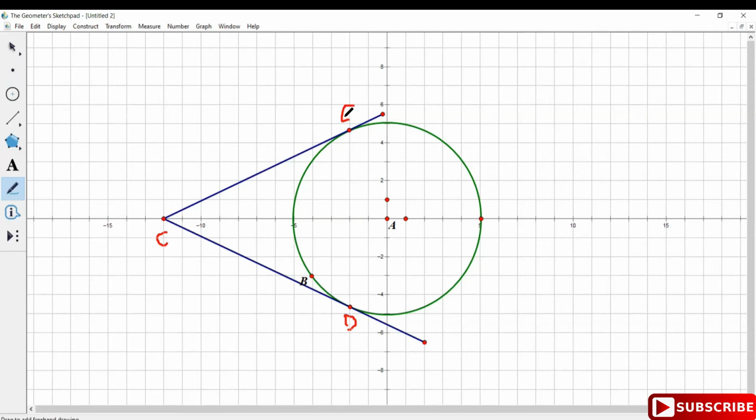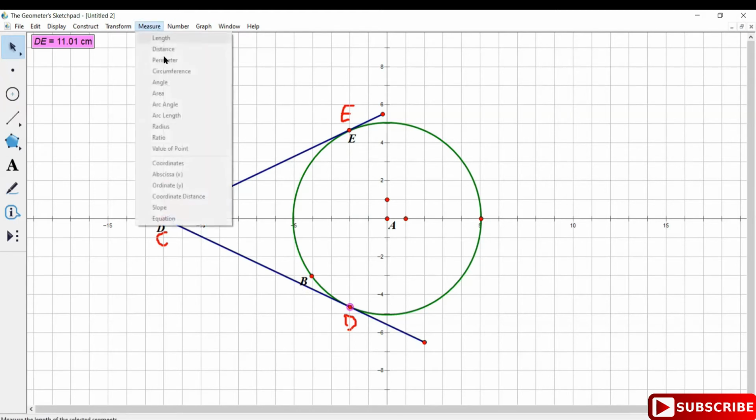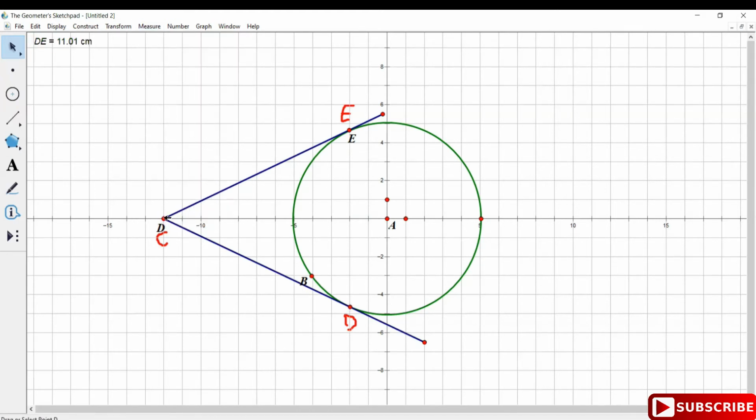If you were to actually measure the distances CE and CD, check this out. If I measure this distance from C to E, I get 11. If I measure C to D right here, I'm supposed to get 11 too.